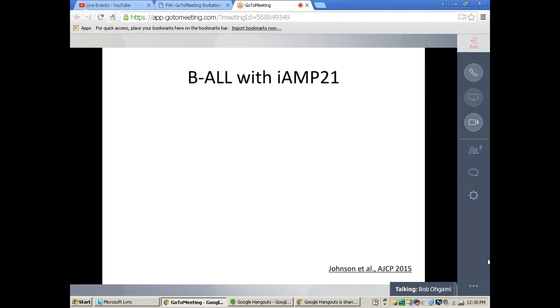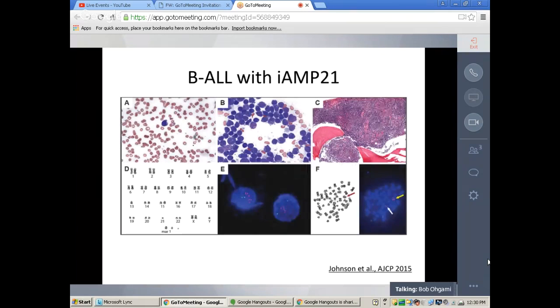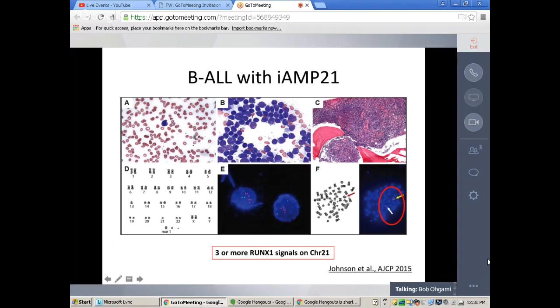And then there's another category, B-lymphoblastic leukemia with intrachromosomal amplification of chromosome 21. These have intrachromosomal amplification of a region of chromosome 21, the region around RUNX1. So if you do your RUNX1 FISH, you would see three or more signals potentially on one chromosome, in particular chromosome 21.